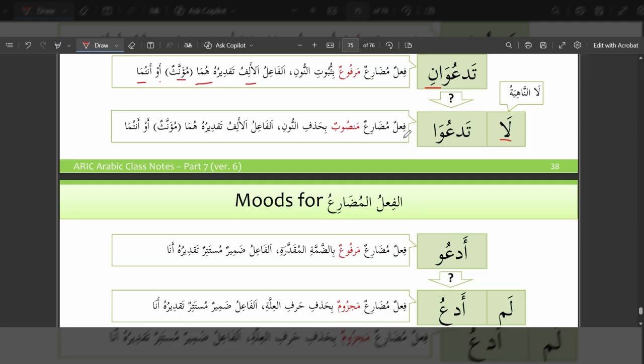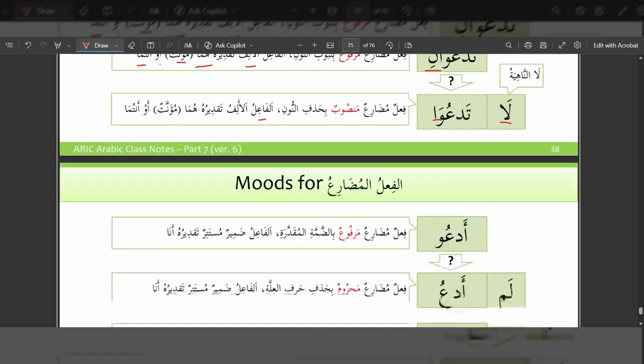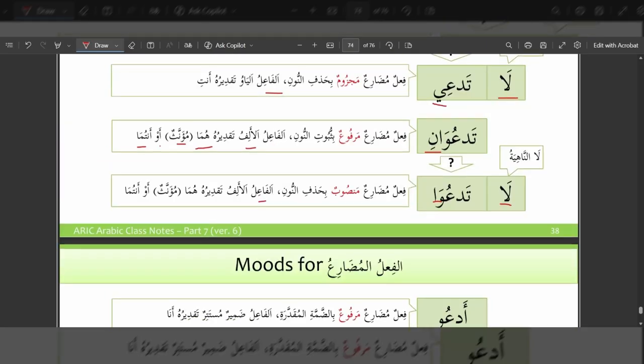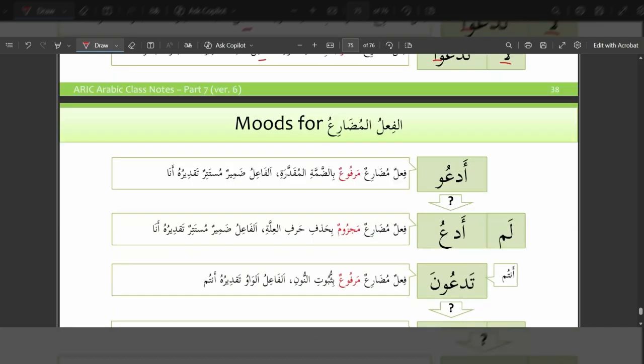So this, when we analyze, it is فعل مضارع منصوب بحذف النون, that is present tense in the mansub form with the omission of the noon. So the doer here is the alif. The alif here is the doer, which shows us that it is either huma, female, or you both. Huma is they both, female, or you both.